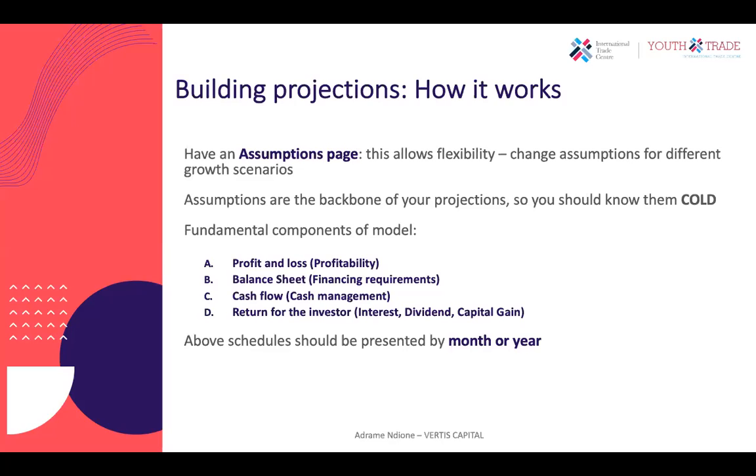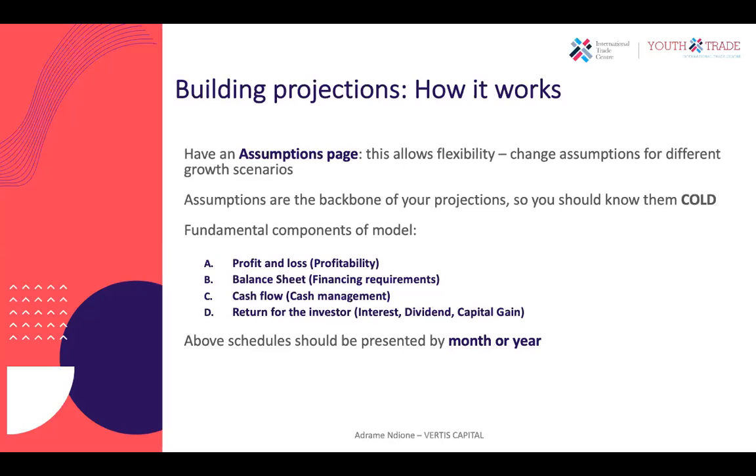One important thing is, for the first year, at least try to build your financial forecast month by month. Why? Because it's important to see if there is seasonality in your business. If you are, for example, in the tourism sector, we know that tourism is a seasonal business. In some countries, in the summer you have more tourists, and in the winter you have fewer tourists. We need to see if you have it in your financial model.